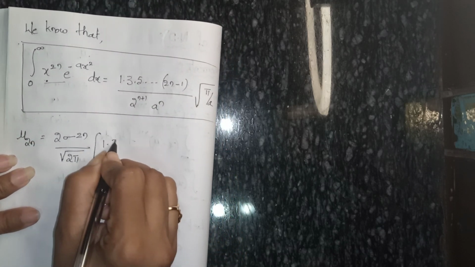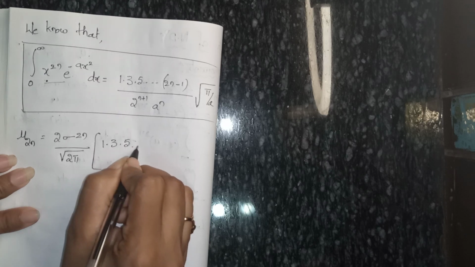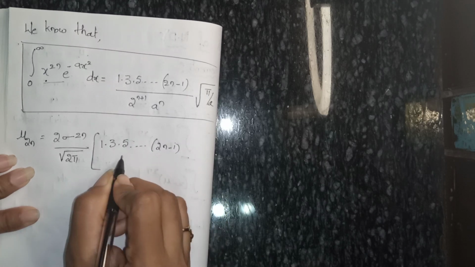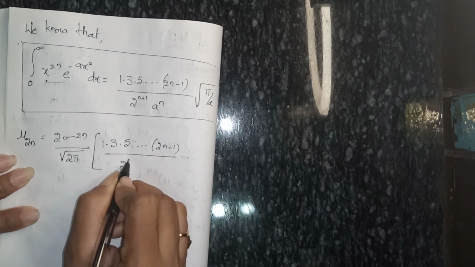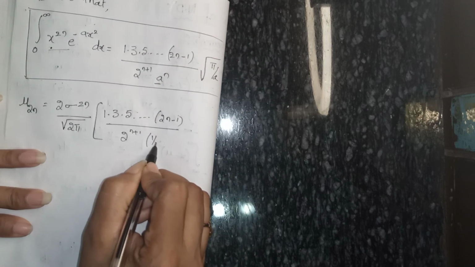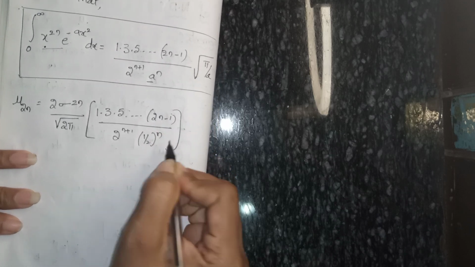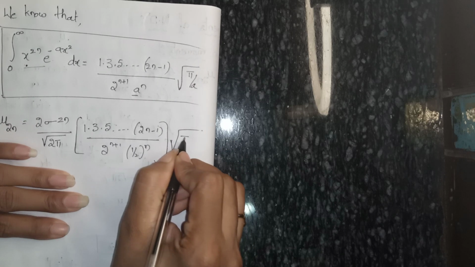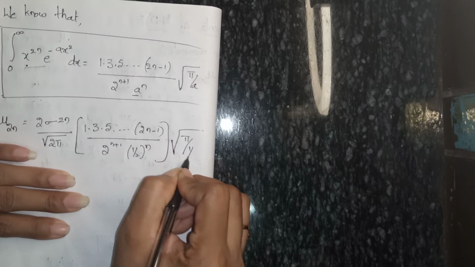So 1 into 3 into 5 and so on, 2n minus 1 by 2 power n plus 1. What does a mean here? a means 1 by 2. So 1 by 2 power n into root of pi by 1 by 2.